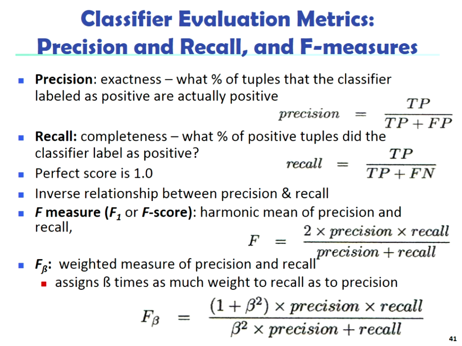Recall is the completeness: what percentage of positive tuples did the classifier label as positive? So recall equals TP divided by TP plus FN. The perfect score is 1.